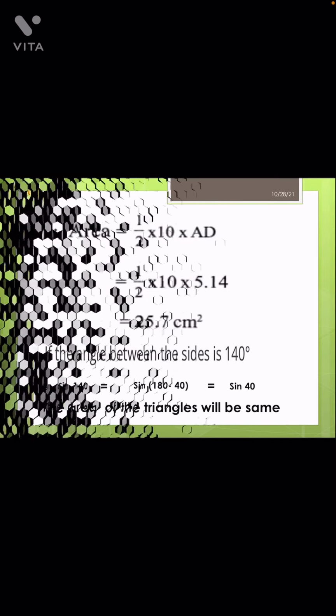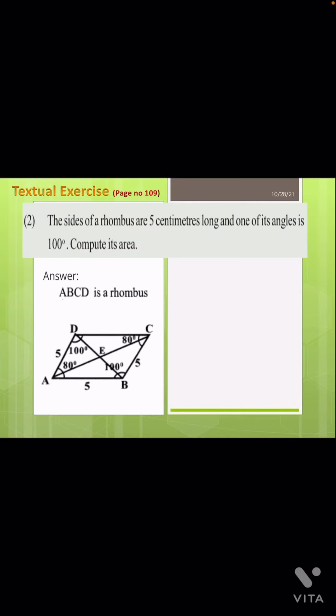We will consider question number 2. The sides of a rhombus are 5 centimeters long and one of its angles is 100 degree. Compute its area. Here the rhombus ABCD we can construct as shown in the figure. It is a rhombus.